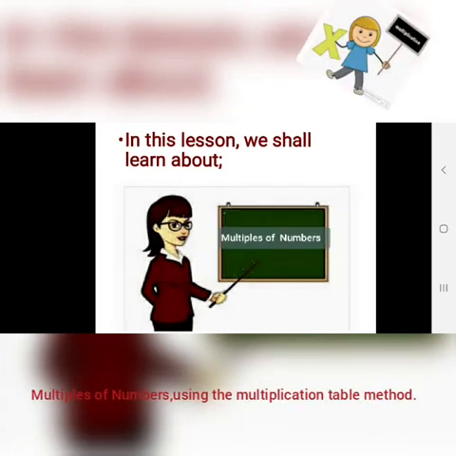All right. So, in this lesson, we shall learn about multiples of numbers. Do you still remember your multiplication table? We shall see.